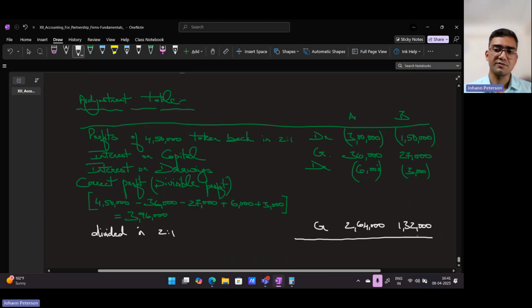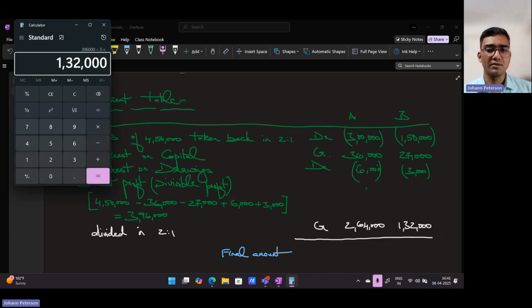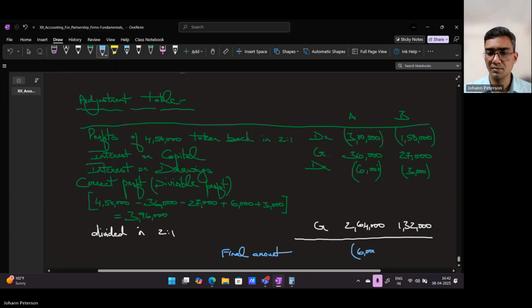So our final answer or our final amount, we will write it as for every amount written vertically, let's calculate the final amount. So it will be 264 plus 36 minus 306, which is minus 6,000, which means you got to debit it.